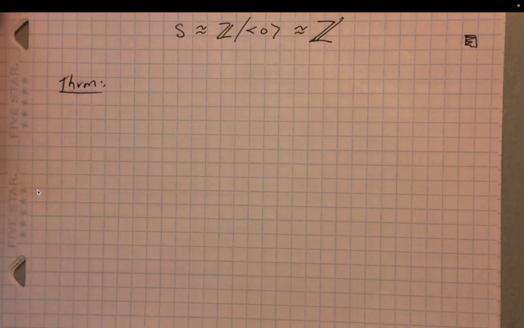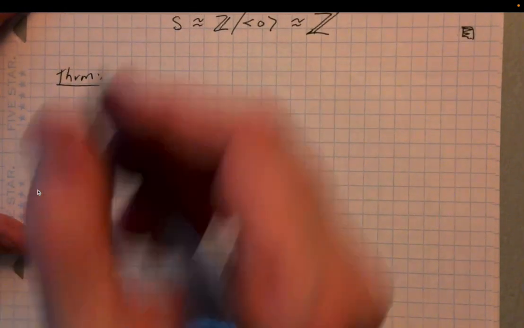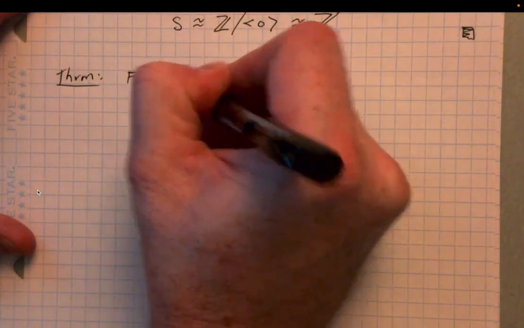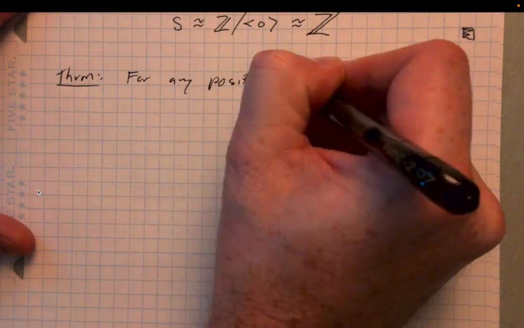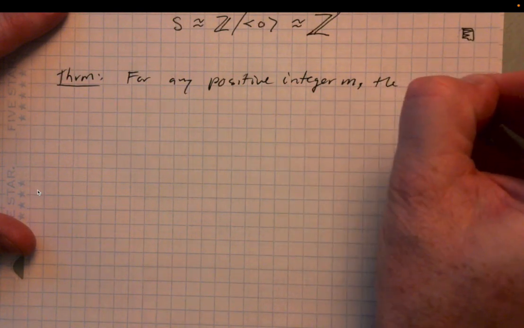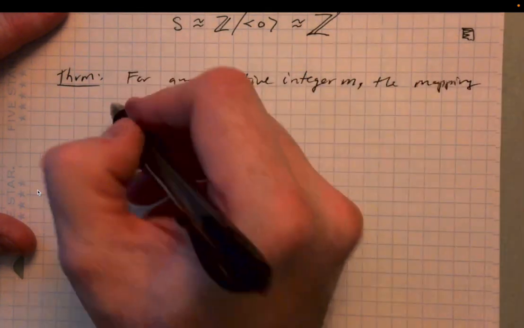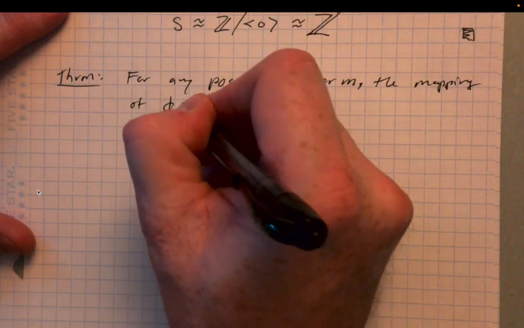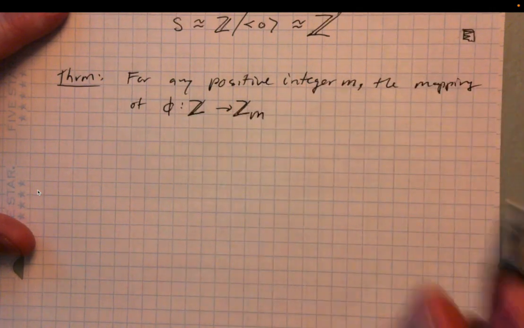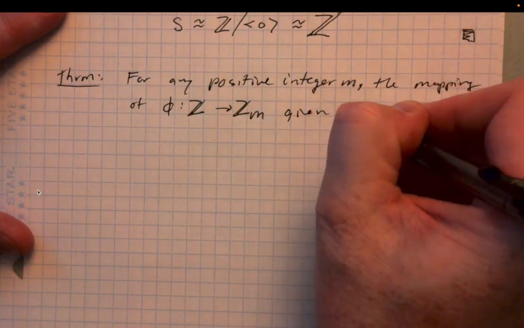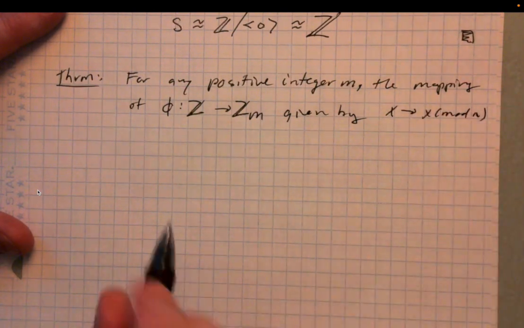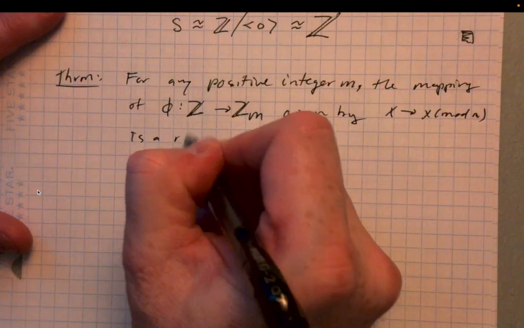And this one is not as difficult, but what it says is that for any positive integer m, the mapping phi from the integers to the integers mod m given by x goes to x mod m is a ring homomorphism.